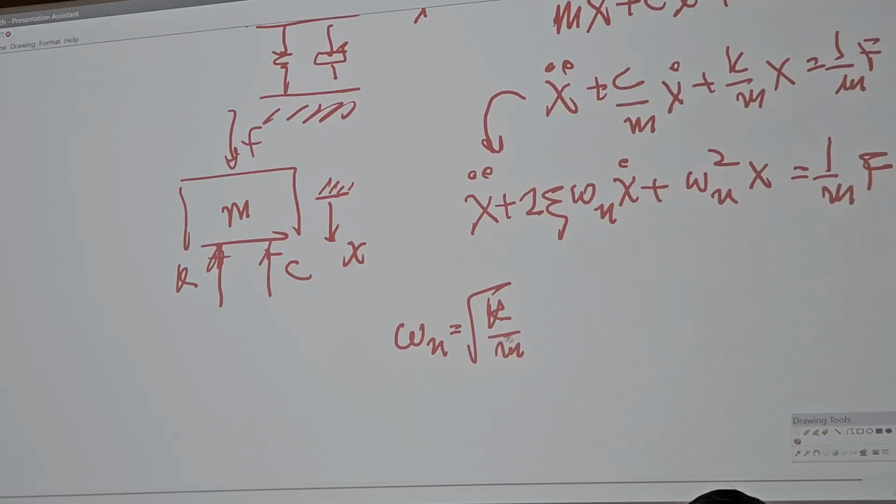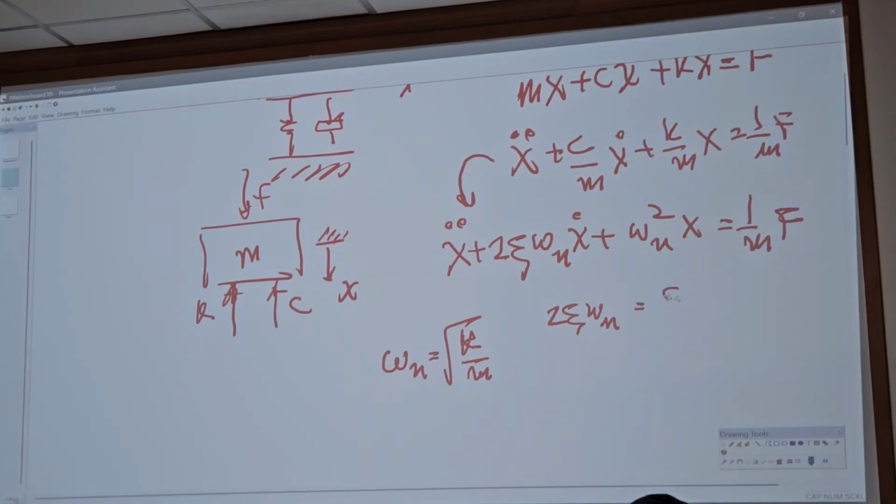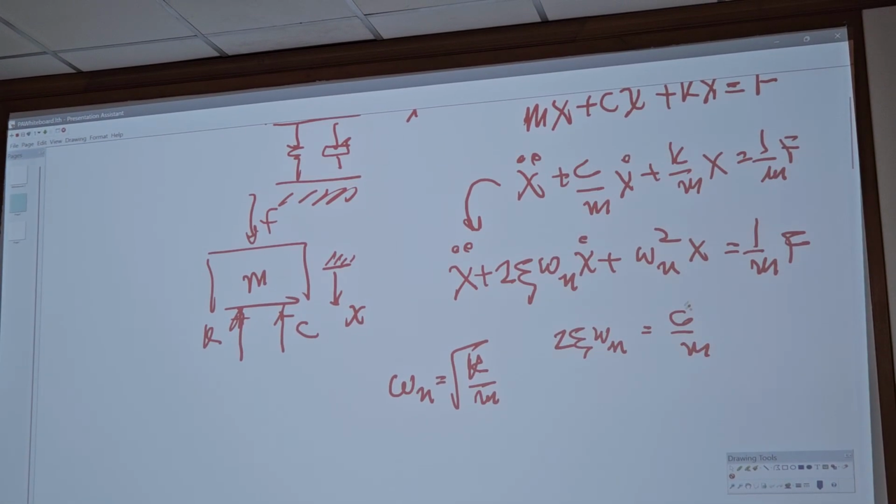You have 2 zeta omega n equal to c over m, right? And look at this one.